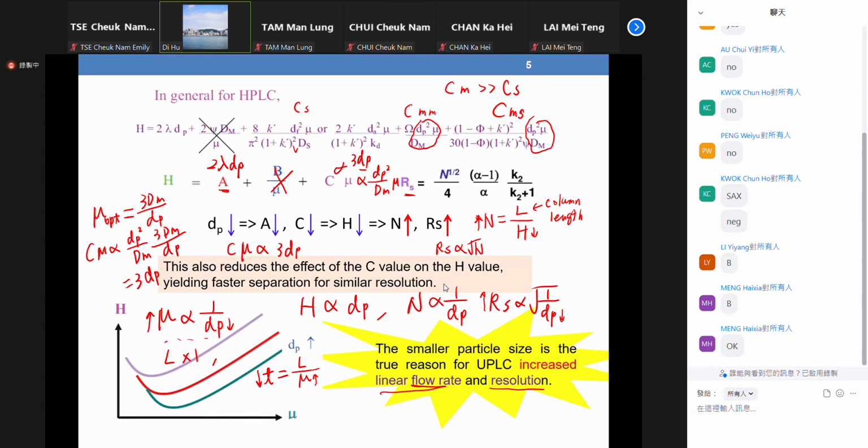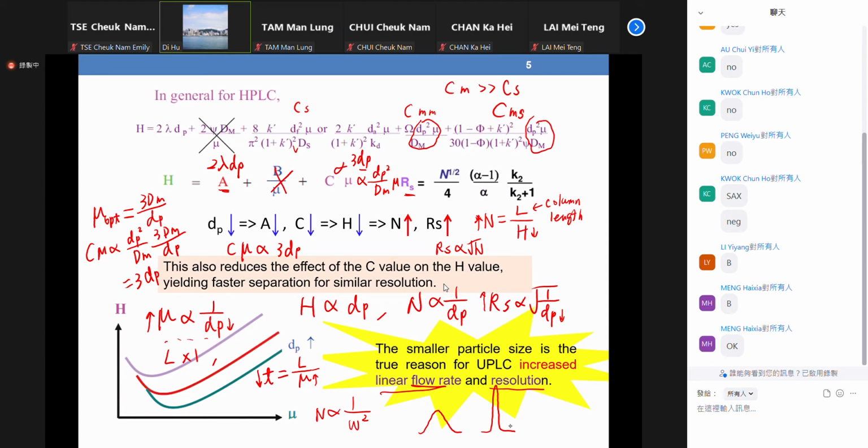If column length is unchanged, n is inversely proportional to the square of the peak width, W. What does it mean? If it's more efficient, you can have a different kind of peak. The same amount, but it can be narrower and taller, right?